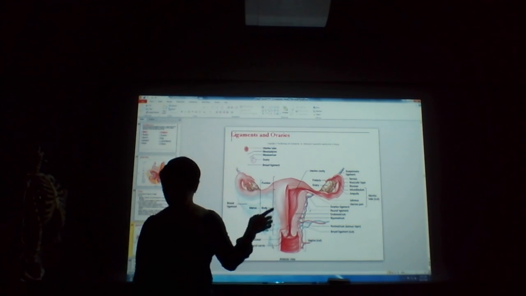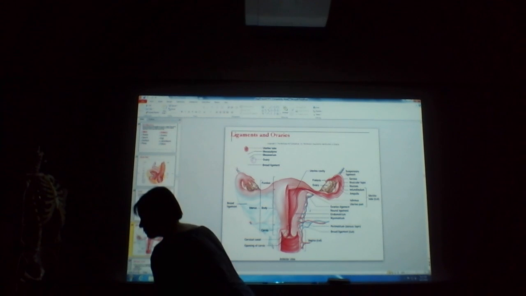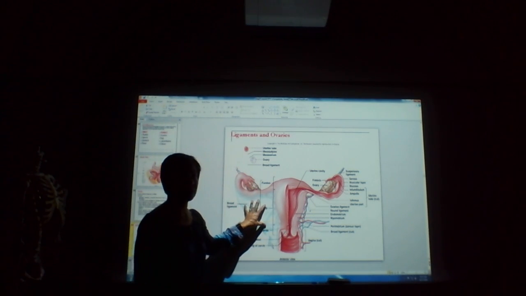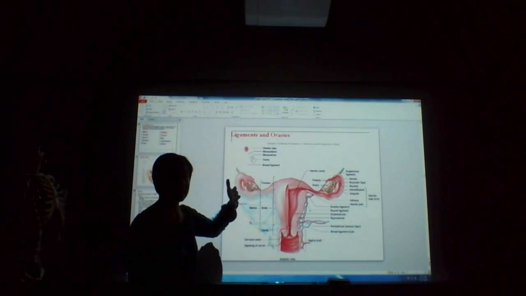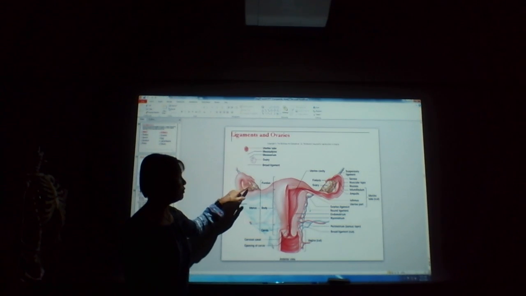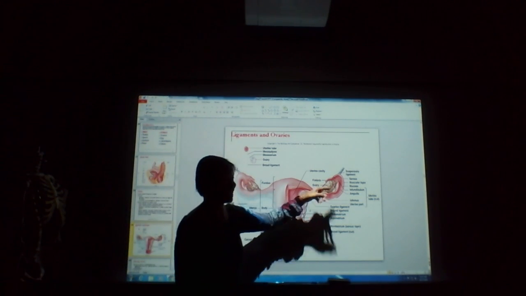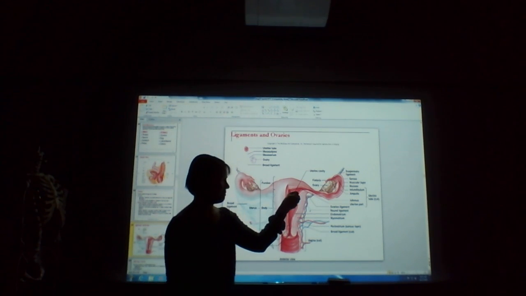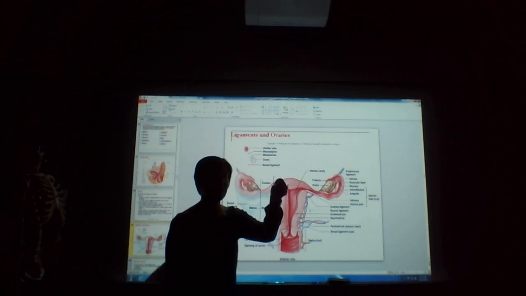Okay, now even though they're separated, there's ligaments that make sure, see, it's suspended. You will see this when you open up the female reproductive system. You may wonder if this ovary is really separate, it's just a follicle, a ball like this.